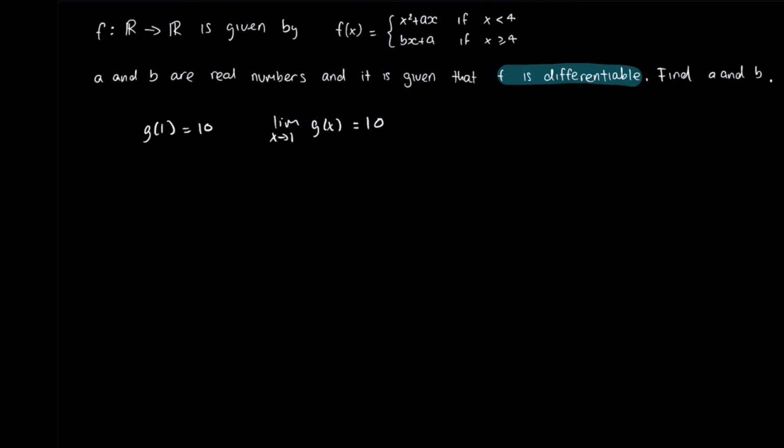To find the values of a and b, we need to come up with two equations. We can use what we just learned about continuity to derive our first equation.